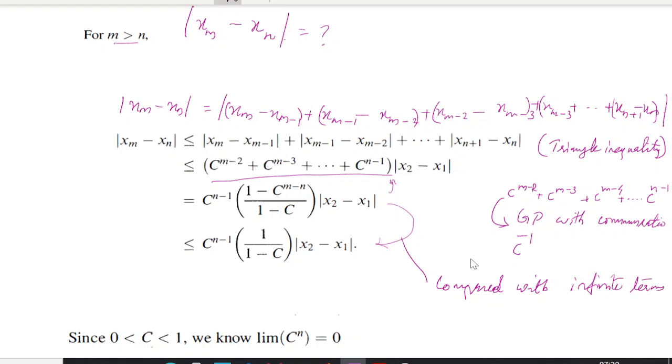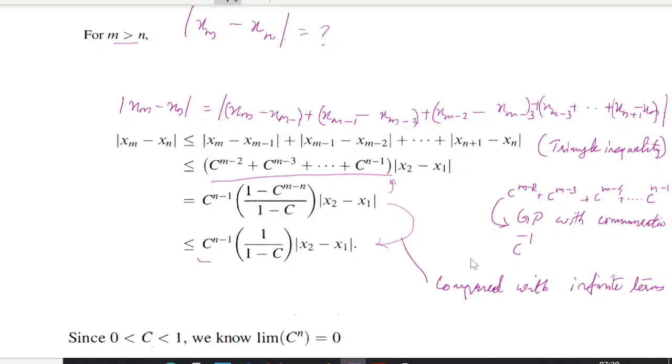And this converges because it's given that the c value is lying between 0 and 1, right? So here it reduces, with the first term c raised to n minus 1 and the sum 1 by 1 minus r type, right? So c raised to n minus 1 into 1 by 1 minus c into modulus of x2 minus x1.